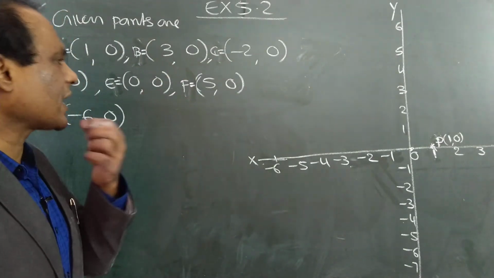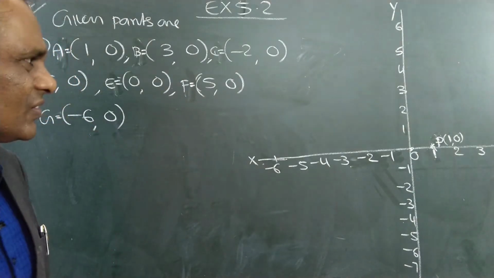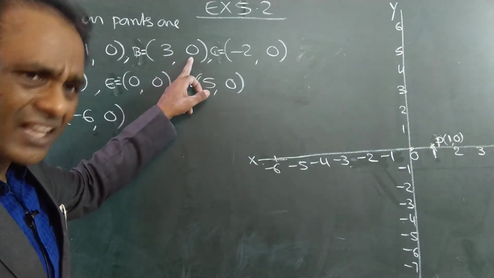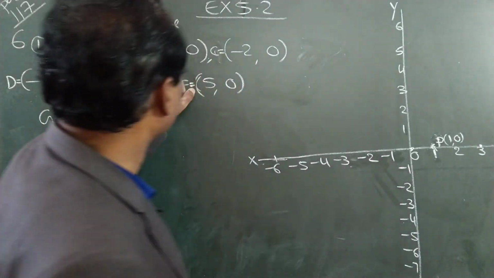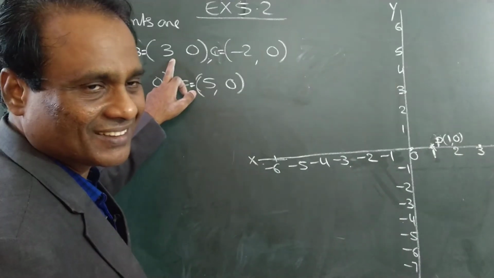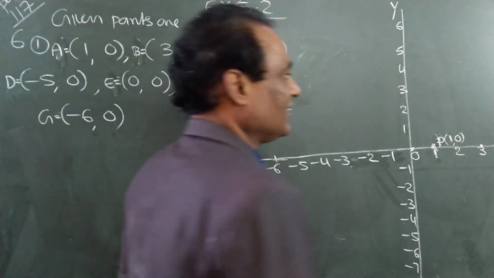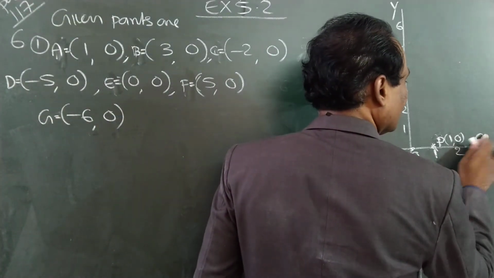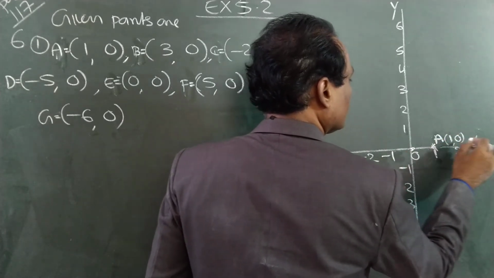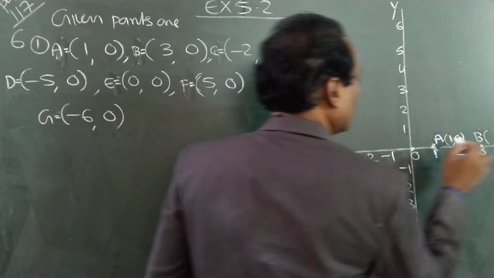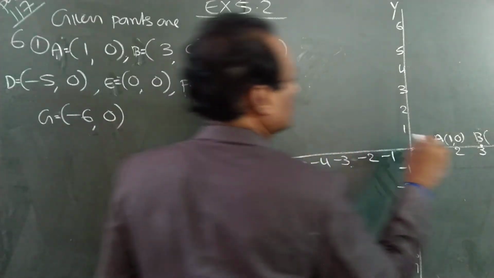Can you locate 3, 0? Where is that 3, 0? X value 3, y value 0. This is A, and next is B, the point 3, 0.